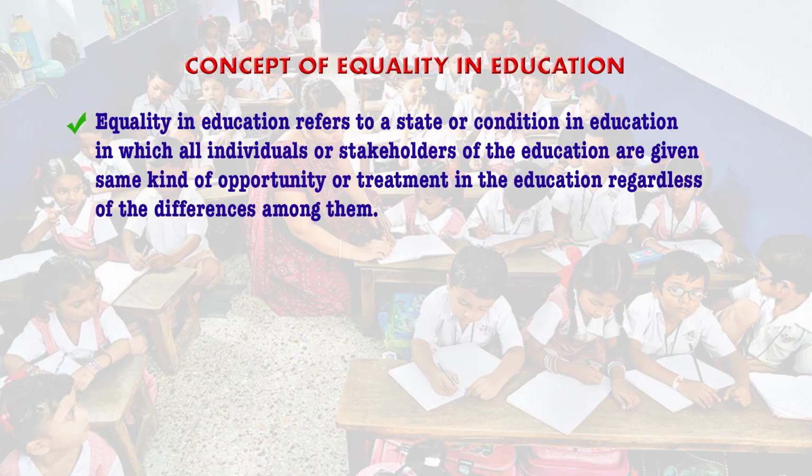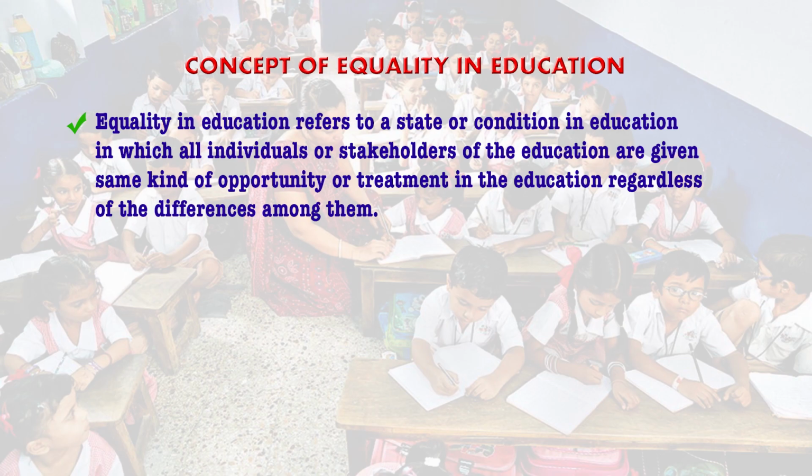Friends, equality in education refers to a state or condition in education in which all individuals or stakeholders of education are given the same kind of opportunity or treatment in education regardless of the differences among them.